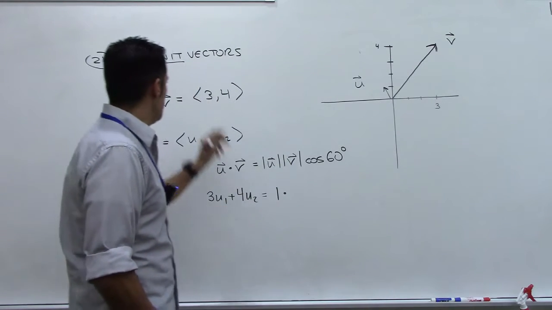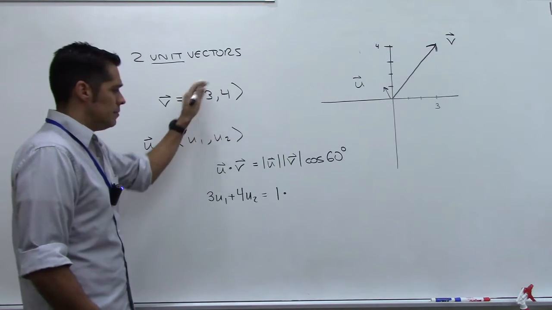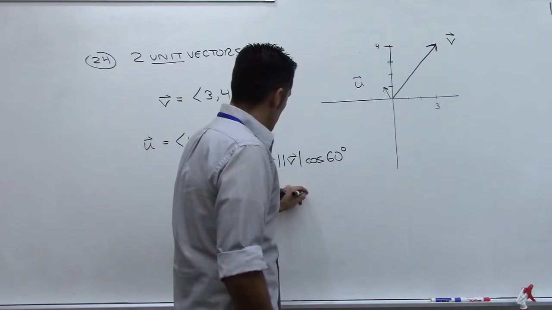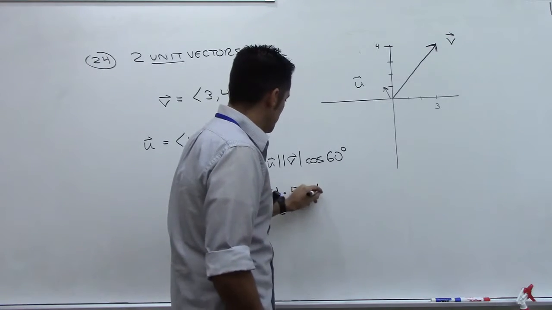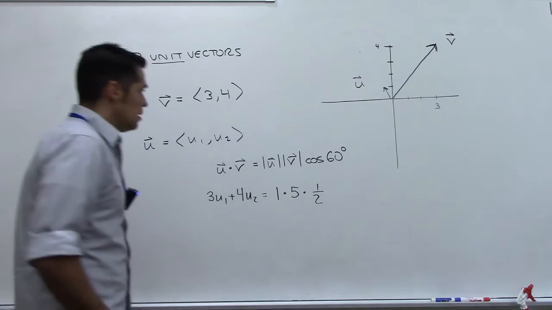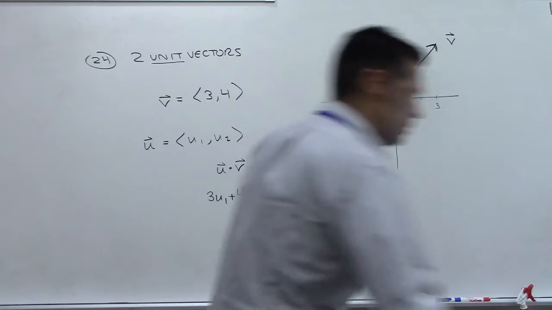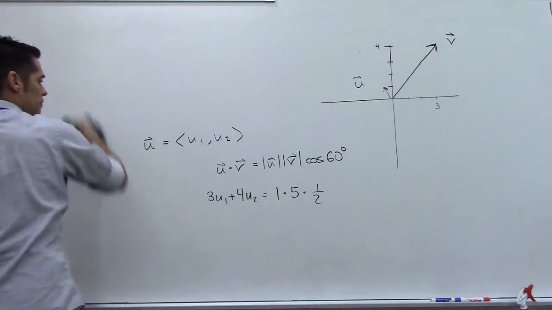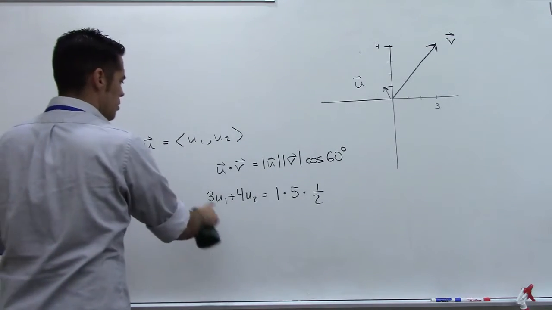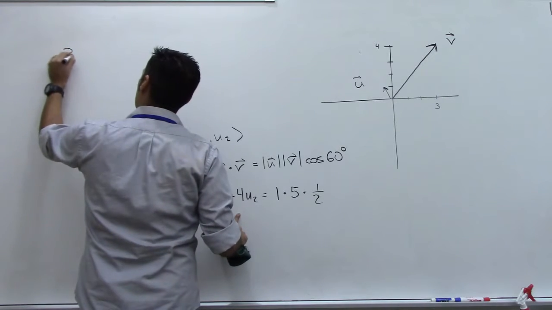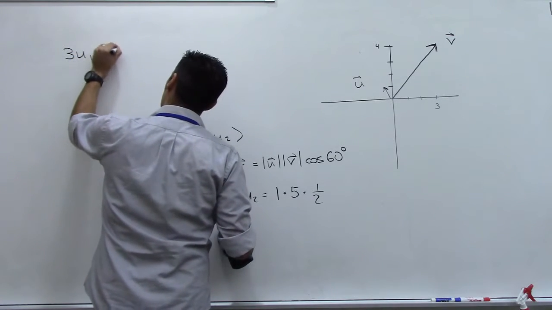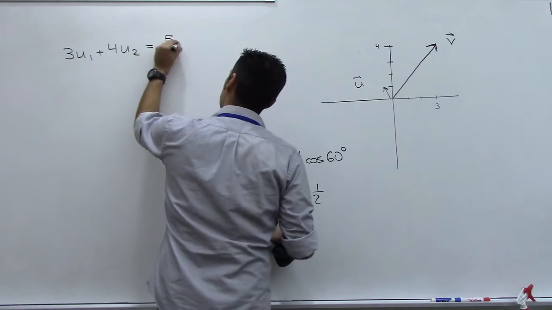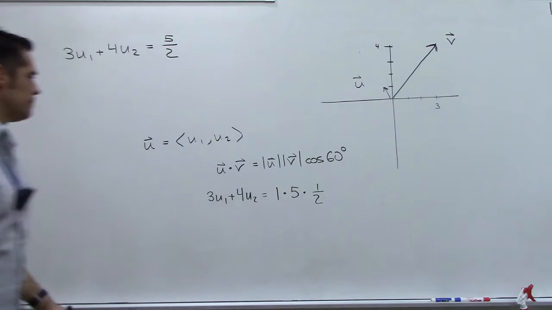The magnitude of v, if I square each component and take the square root, should be 5. And cosine of 60 degrees is 1/2. So far, trying to find my u, I know that 3u1 plus 4u2 must equal 5/2.